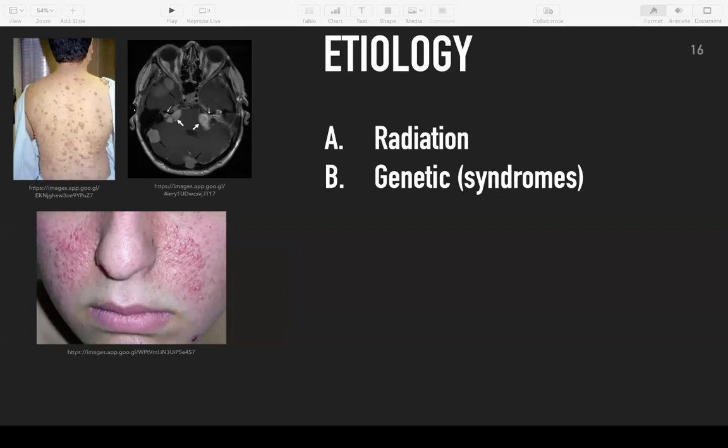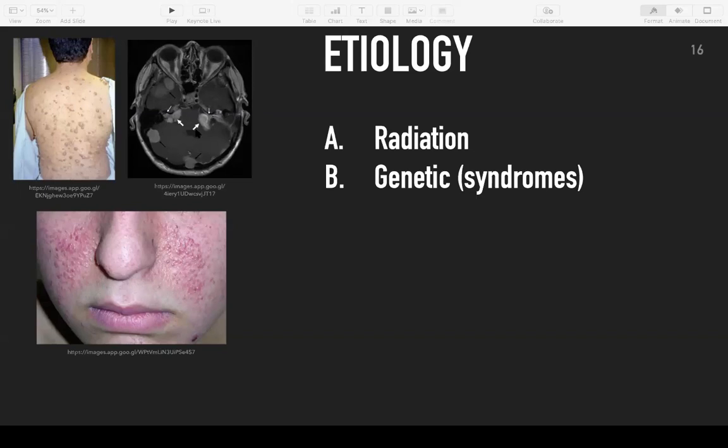So these are 3 examples of syndromes that we deal with that may cause brain tumors. And I'm sure that many of you saw this picture before. This is a case of neurofibromatosis type 1 with multiple cutaneous neurofibromas.